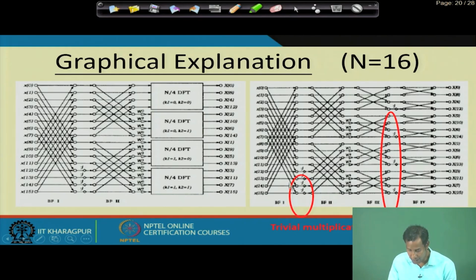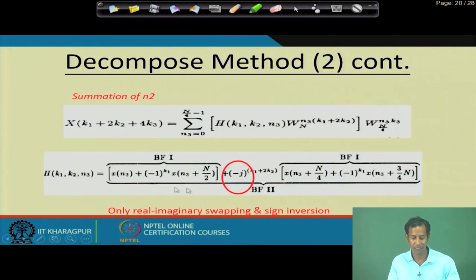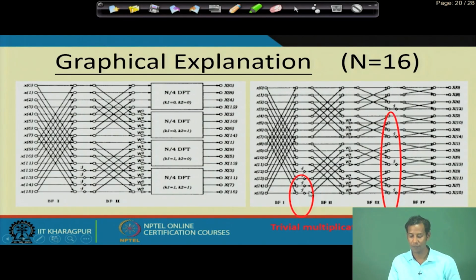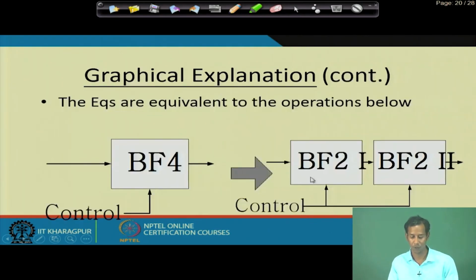If we use this decomposition, there will be one single trivial multiplication with the corresponding minus 1 term for the imaginary part. Then this butterfly unit 4 can be decomposed into butterfly unit 2 1 and butterfly unit 2, which consists of 2 butterfly 1 units.